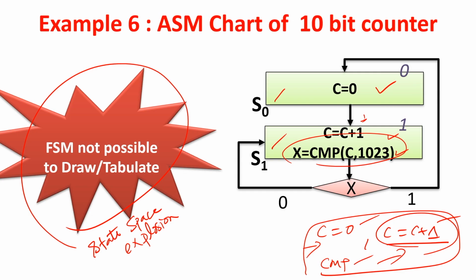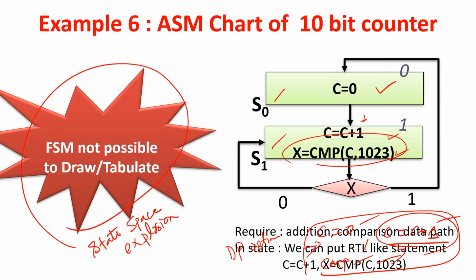These values are data path operations, these are DP operations. Because of this, data path operations are specified in the state box. Control flow will be specified in the flow, that means control will be specified within the state transitions. Data path operations will be specified within the state box. Because both data path and control path are separated, we are able to model the 10-bit counter easily using ASM.